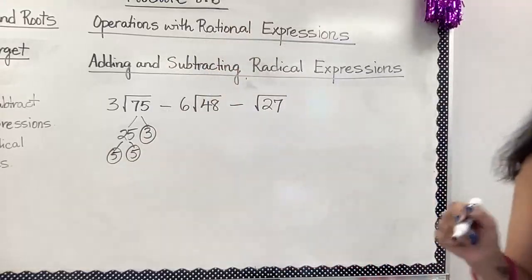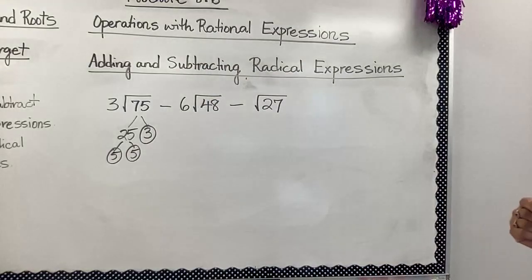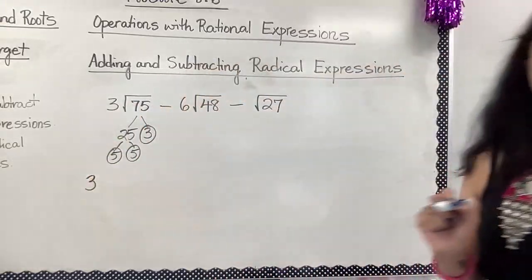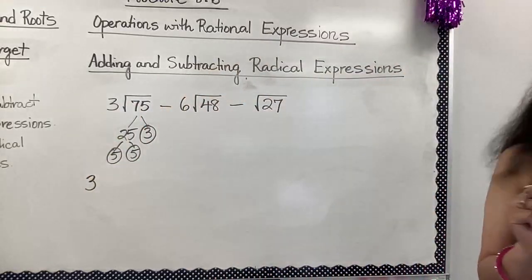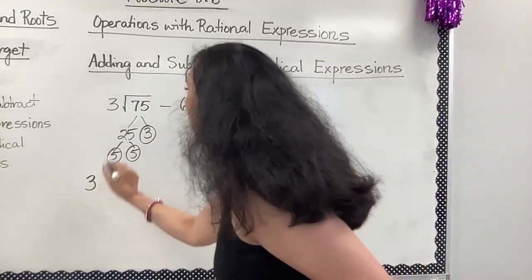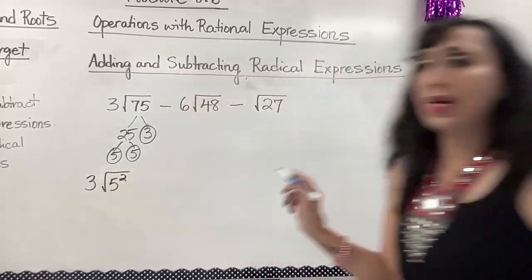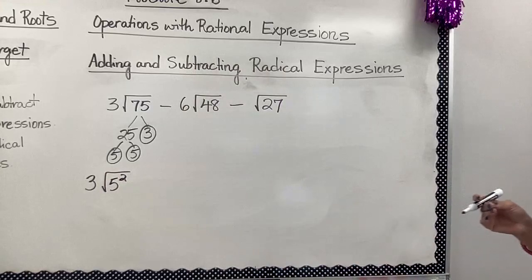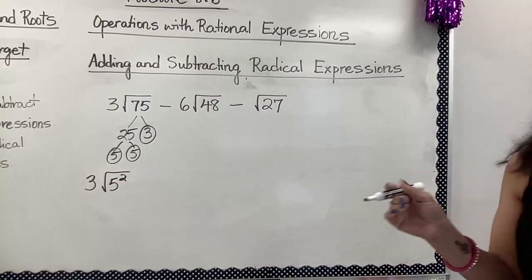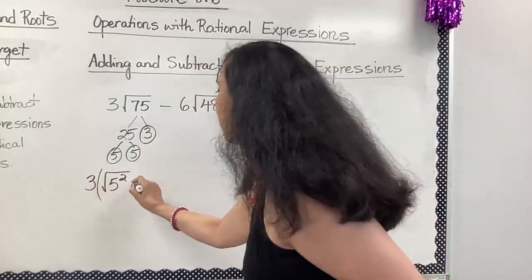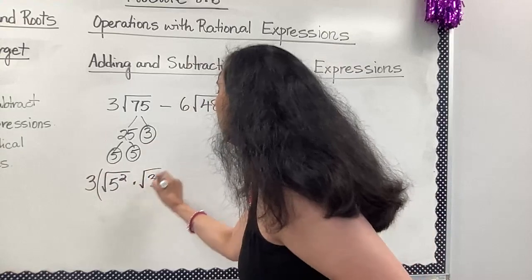So I can rewrite this part as 3, and I can do square root of, so we are doing what? Times 5 squared. So once again, I am using the product property of square roots. Okay, so I have 3 times 5 squared times what's left? Root 3.